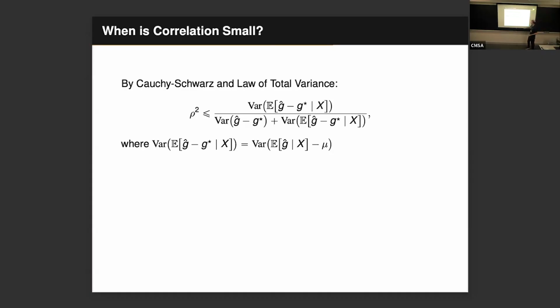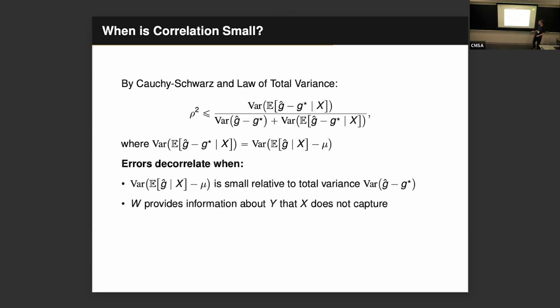You can also show, just by conditioning, that the variance of this conditional expectation is equal to the variance of the conditional expectation of my rich view model given x minus mu. So what this suggests is that there's some kind of smoothing effect going on here, smoothing out w given x, because this is the expectation of the conditional distribution of z given x, so of x and w given x, and so I'm smoothing out w here.